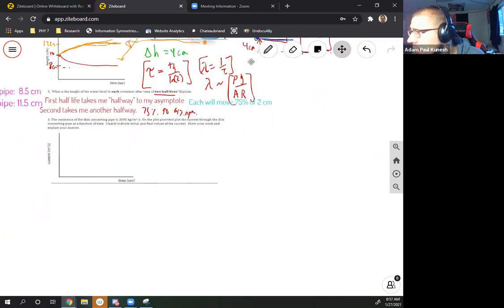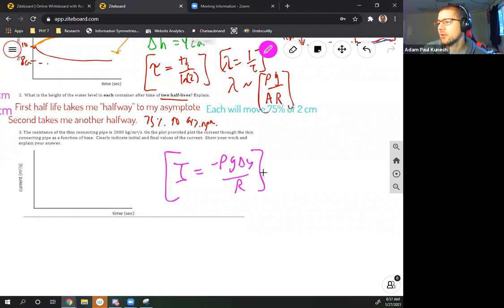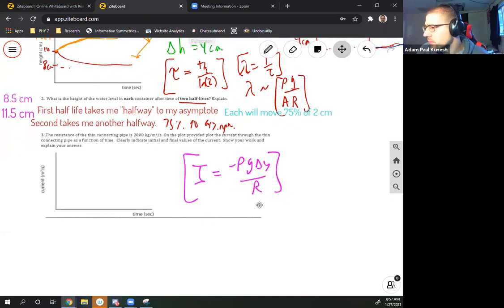I know that current in general for this system is going to be negative rho g delta y over r, for reasons that are outlined in the lecture. I won't go through it right now because we've only got like 3 minutes, but the current in general is going to look something like this.